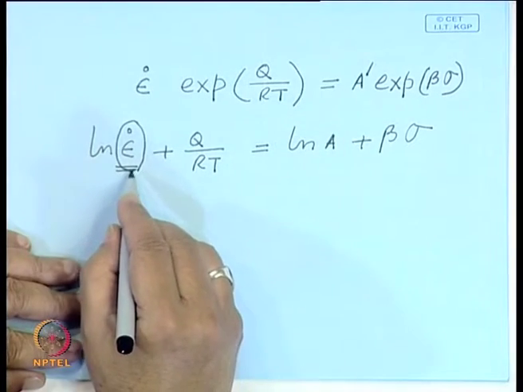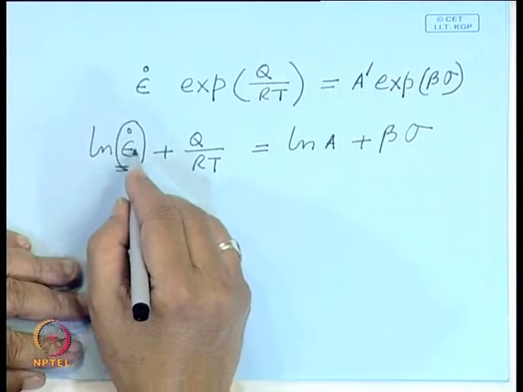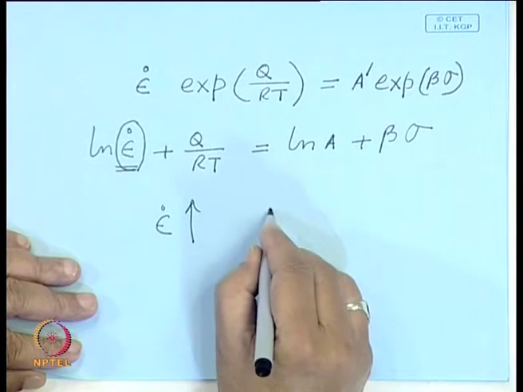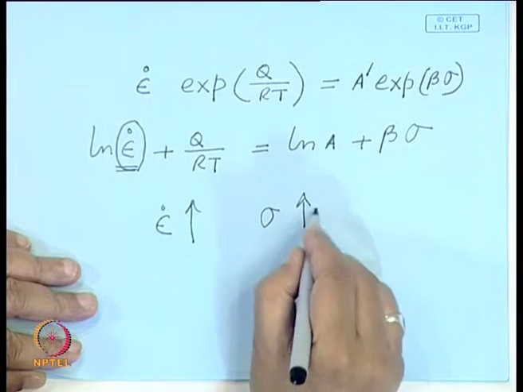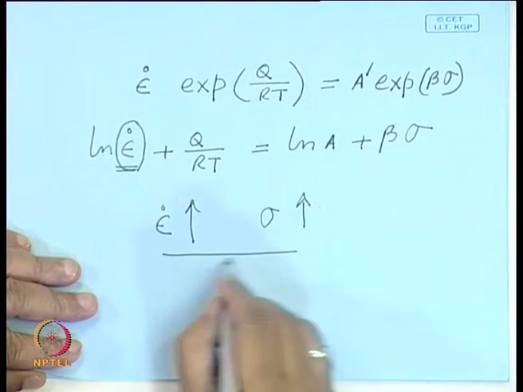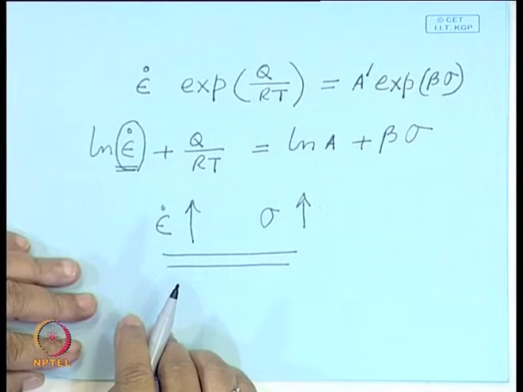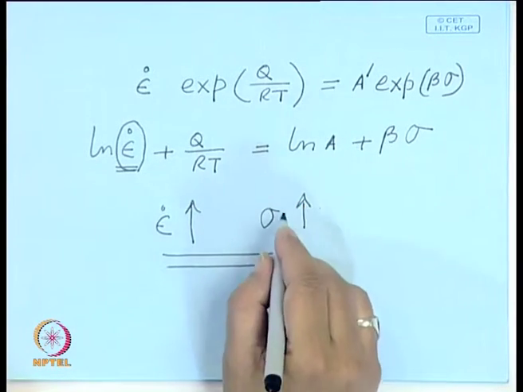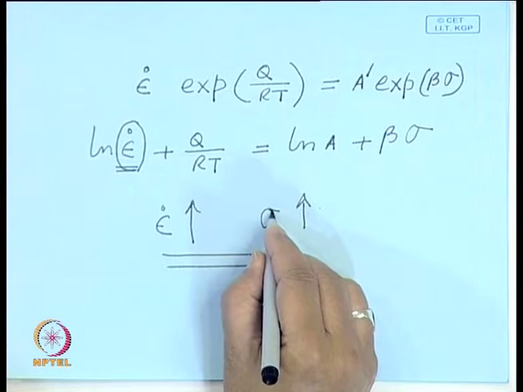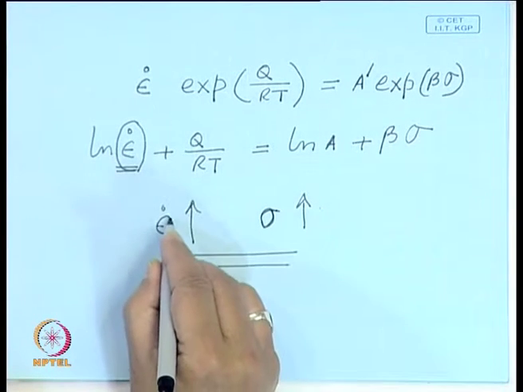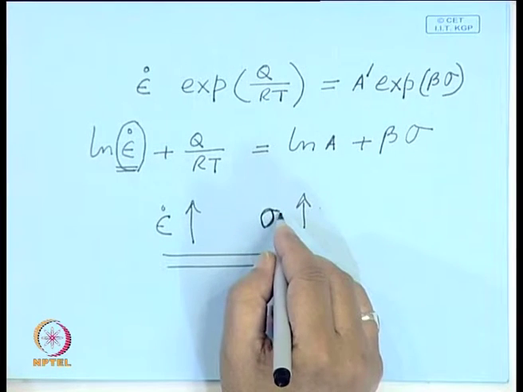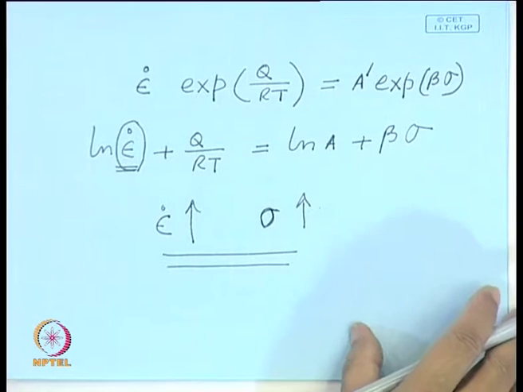It is evident from here that if you increase the strain rate, the flow stress increases. That means your processing units, the press, hammer or rolling mill, should be able to withstand higher stress. If you are rolling at a higher speed, the rolling mill should be able to withstand higher stresses.